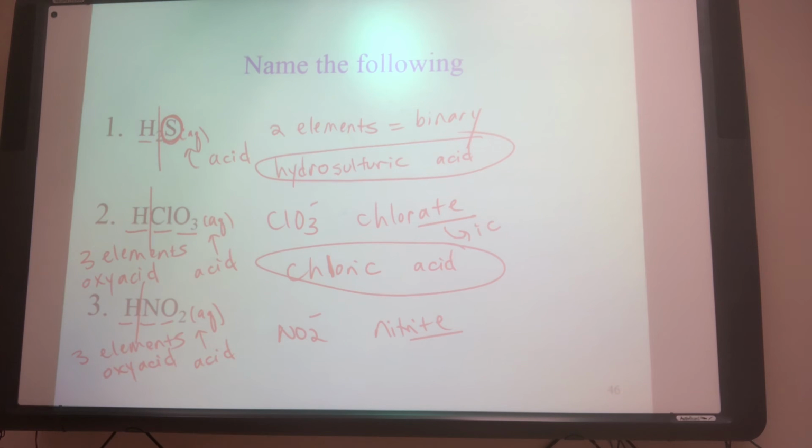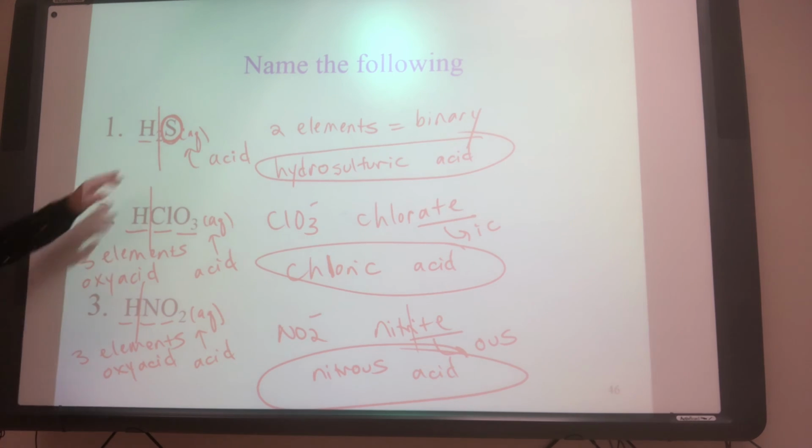So if it's I-T-E, the acid name is going to end in -ous. So no hydro, because it's not binary. I just write nitrous, because I dropped the -ite. Okay, nitrous acid.